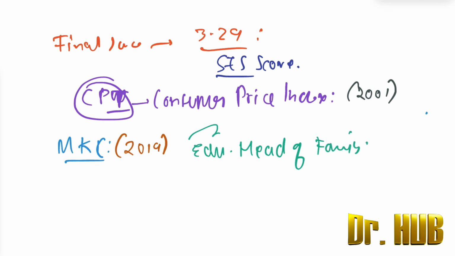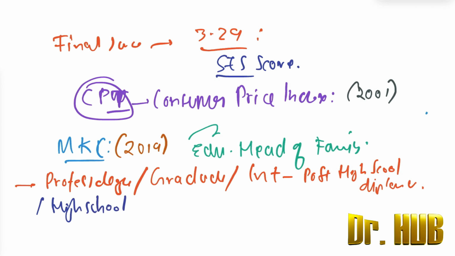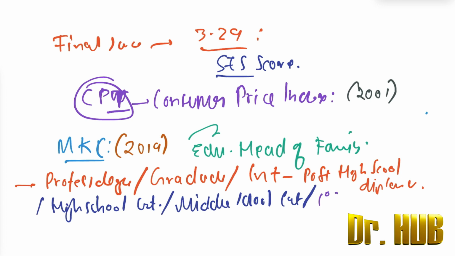It includes a professional degree, graduate, intermediate or post-high school diploma, high school certificate, middle school, primary school certificate, and illiterate.